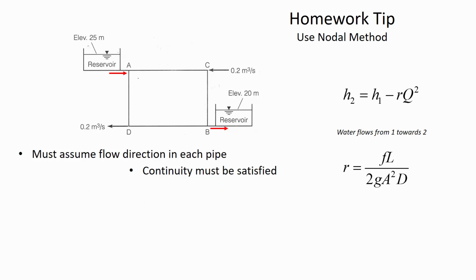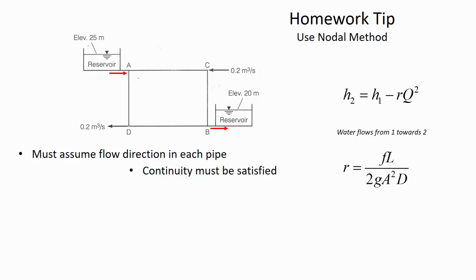Let's just go back to this first step, though. You've seen how we can draw a little network on the board and then sort of do a breakdown of the flow directions. What if we have this one? Okay, we know that flow is coming in at C, 0.2.